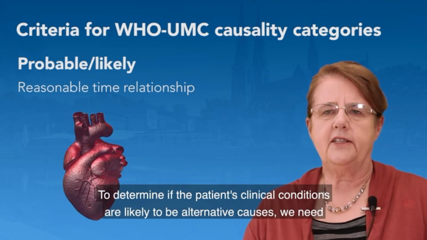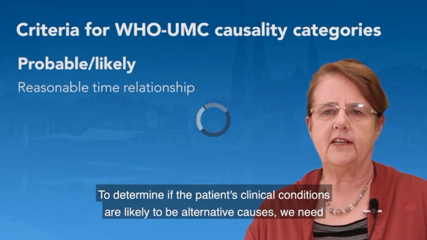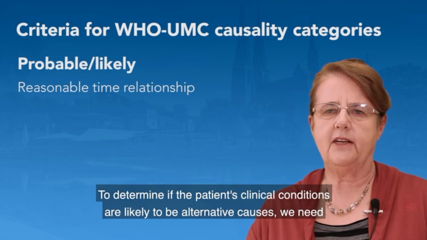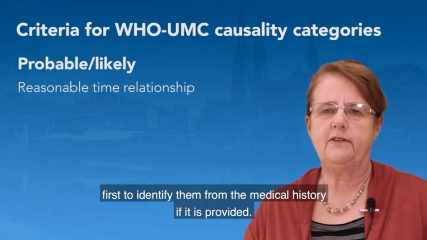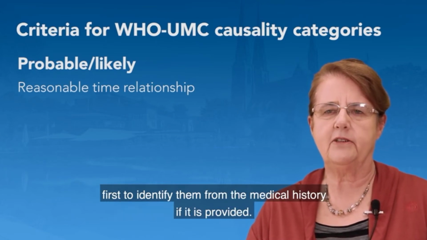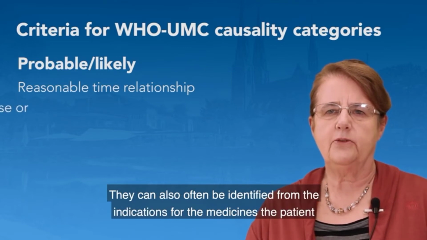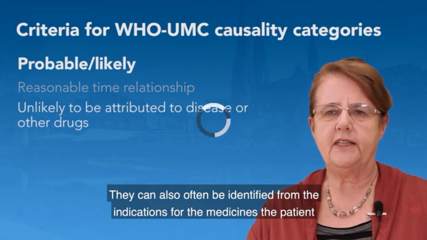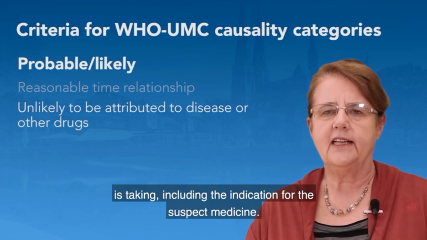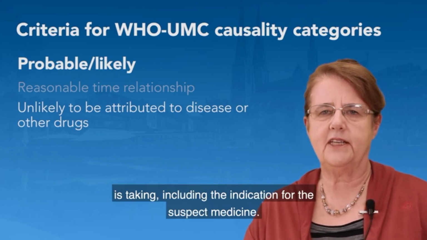To determine if the patient's clinical conditions are likely to be alternative causes, we need first to identify them from the medical history if it's provided. They can also often be identified from the indications for the medicines the patient is taking, including the indication for the suspect medicine.